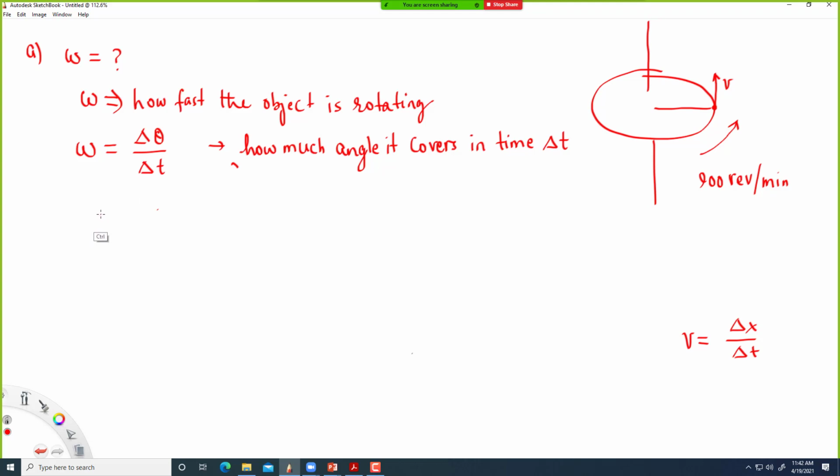So how do we find that? We need to do a little bit of arithmetic here. So we have 900 revolutions per minute, and we want to express this in angle over time, seconds. So usually omega is measured in what? What's the unit of angle?